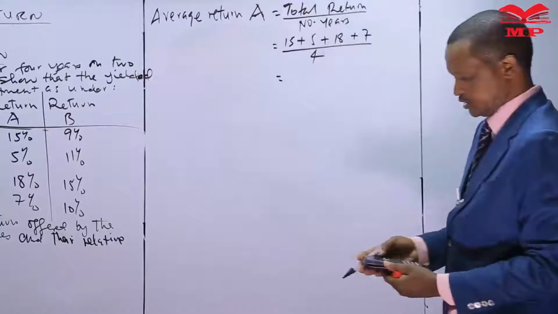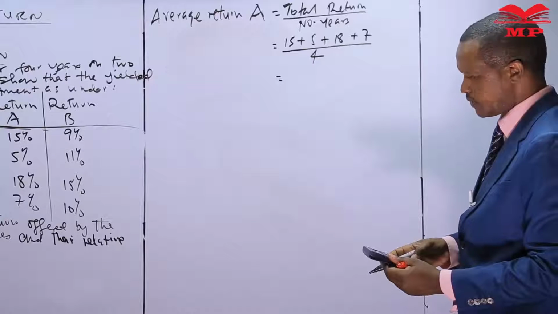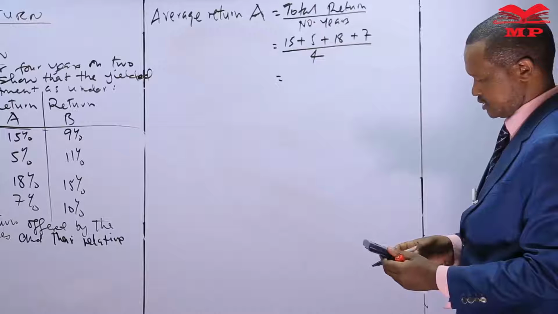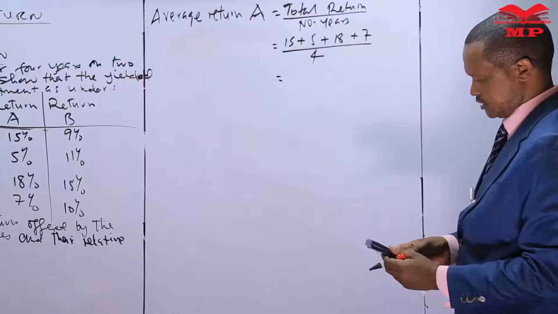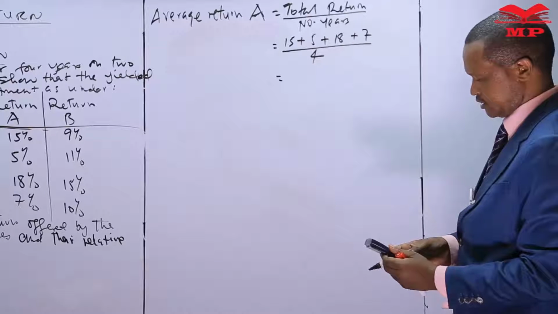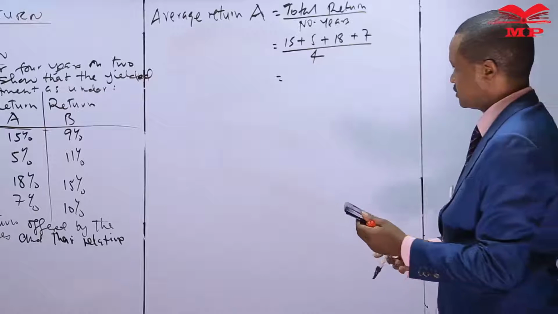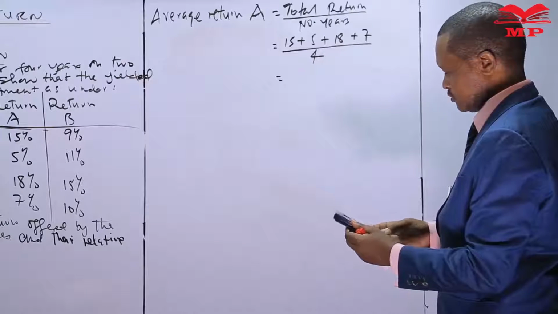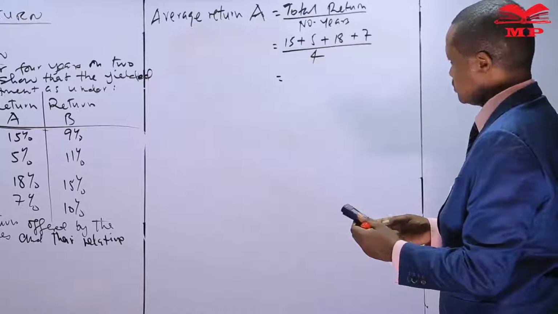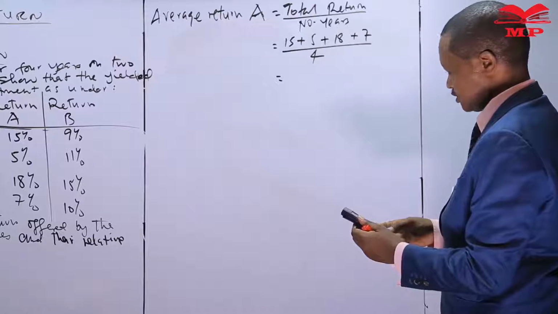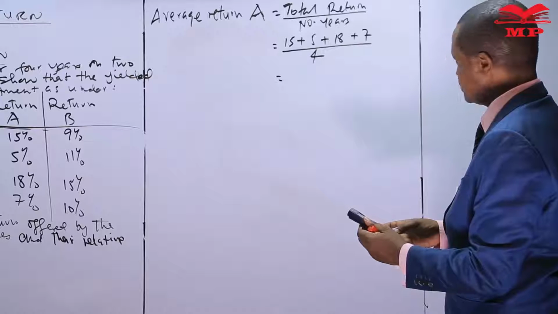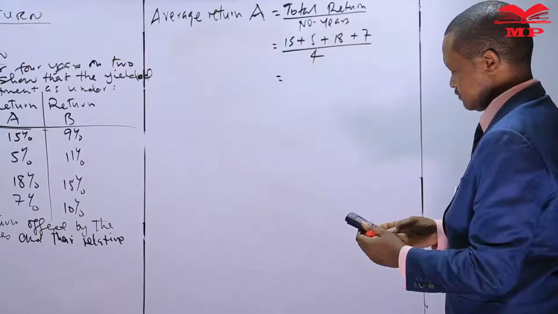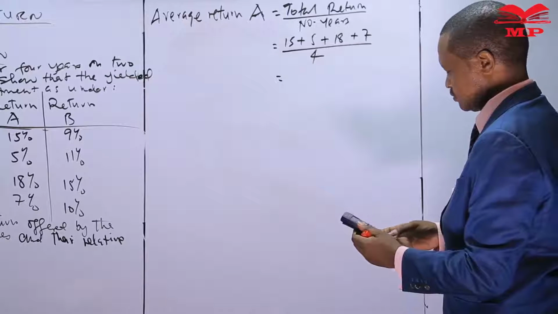So we take the 15, add 5, add 18, add 7. So this divide by 4. So 20 plus 18 plus 7 divide by 4.